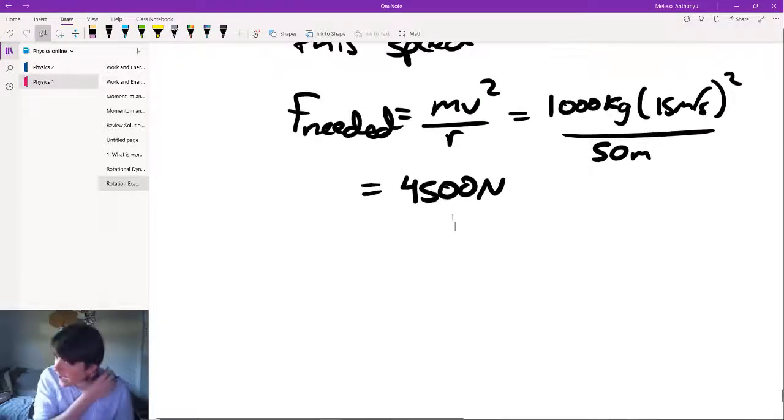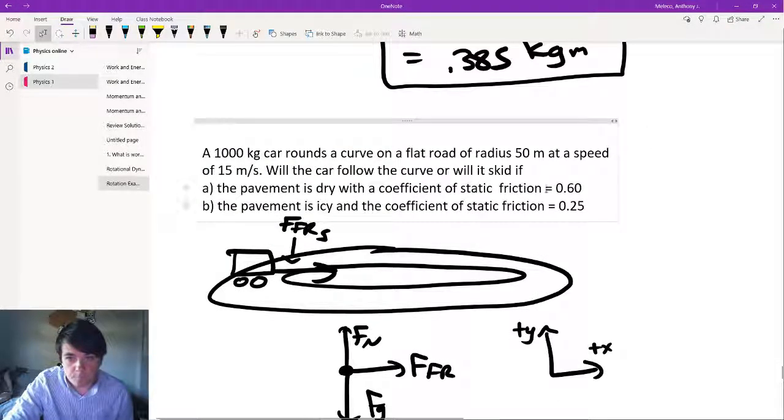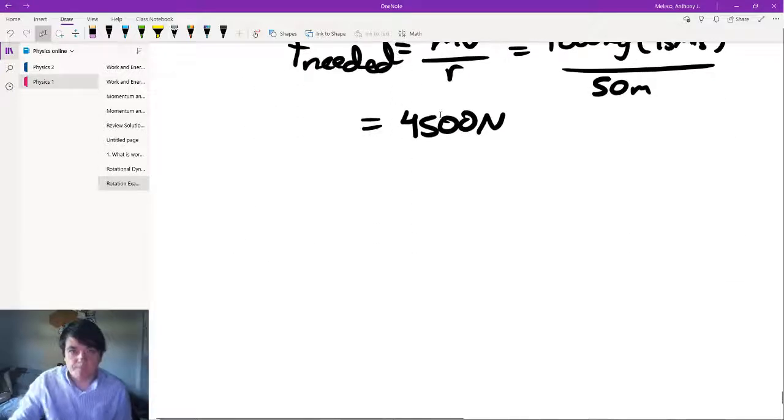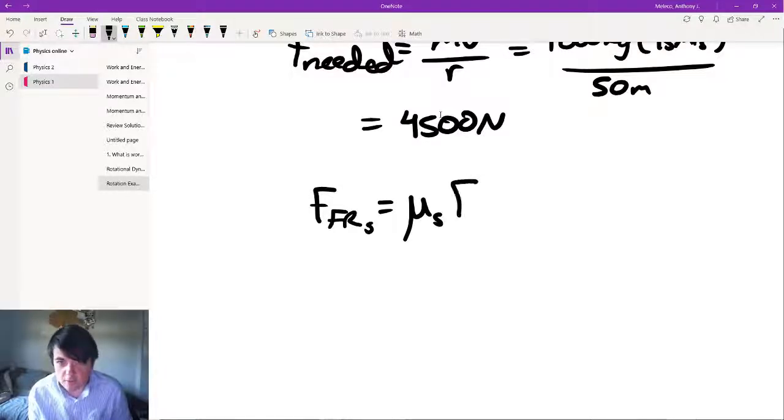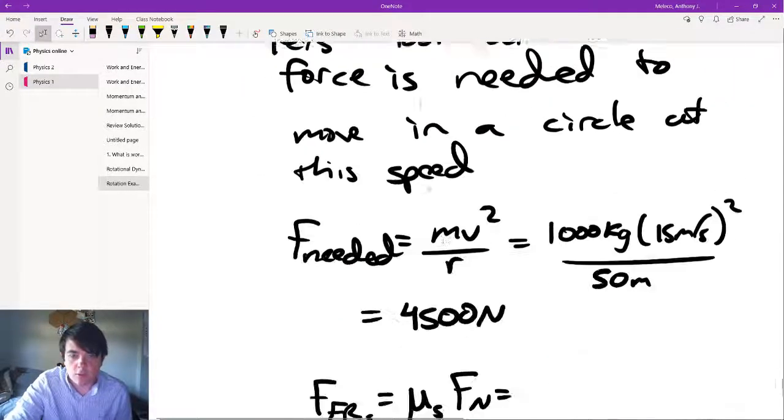So now let's look at what the coefficient of static friction will be with 0.6. The maximum static friction is equal, if you remember, to mu s, because we're talking about static friction, times the normal force, which in our case is equal to gravity.